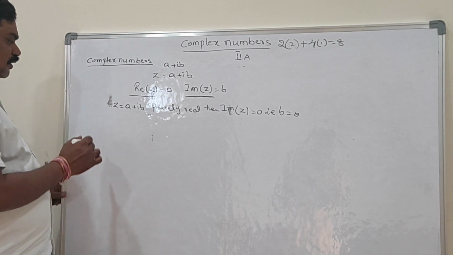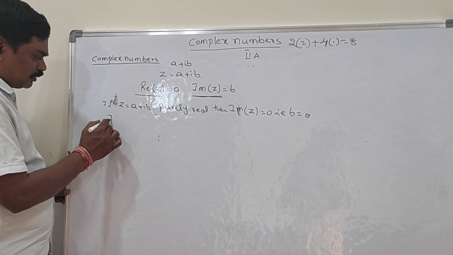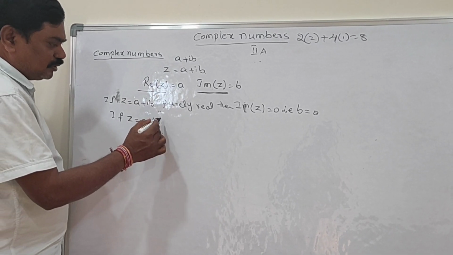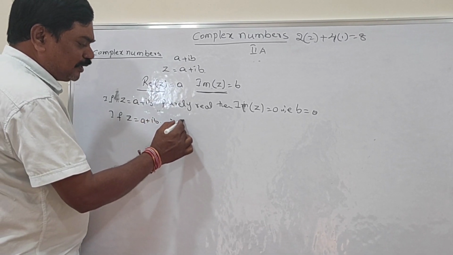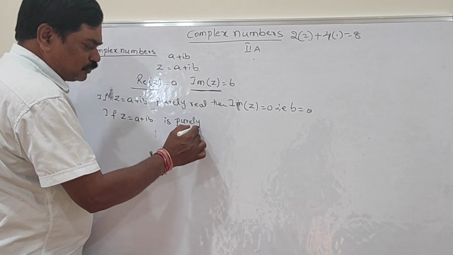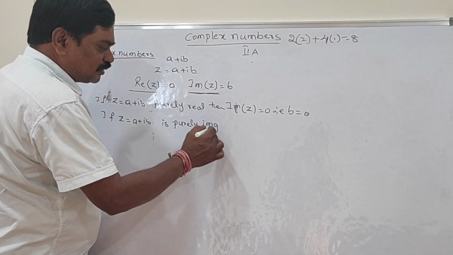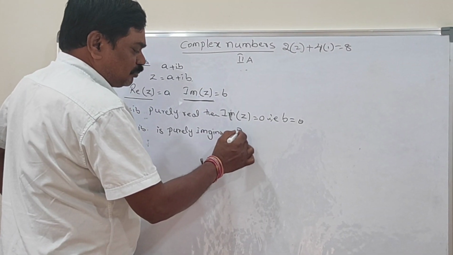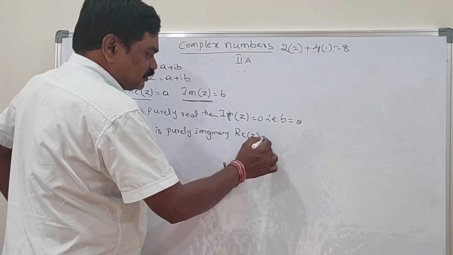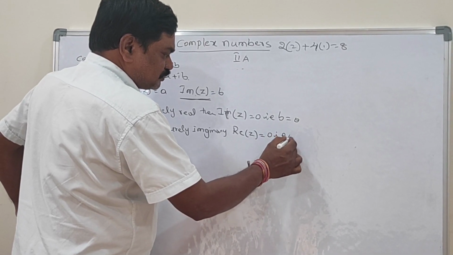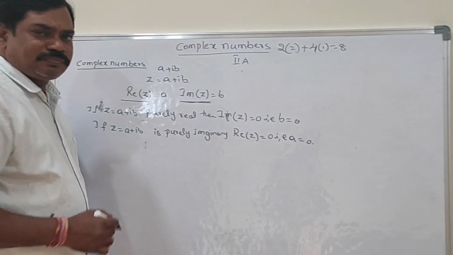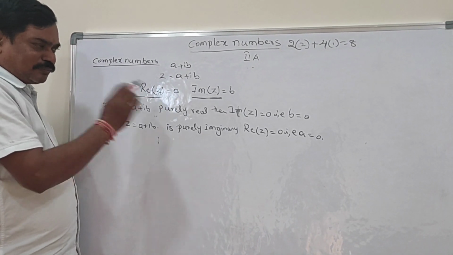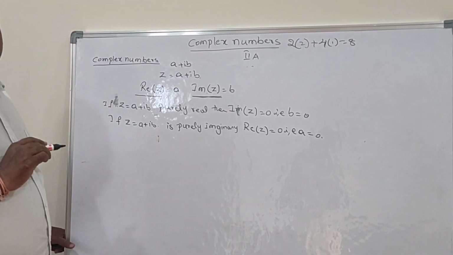If z is equal to a plus ib is purely imaginary, then the real part of z is equal to 0, that is a is equal to 0. This is the purely imaginary and purely real case.